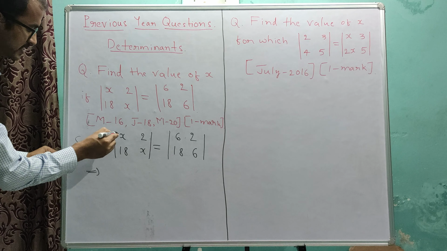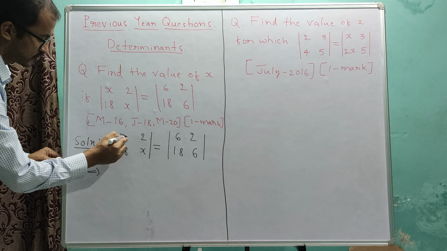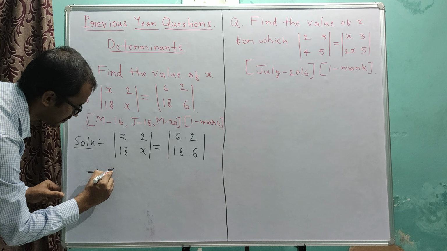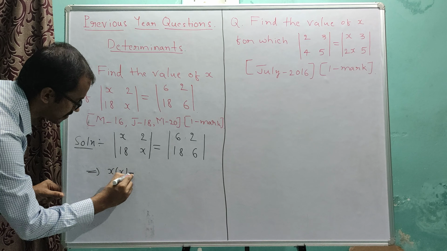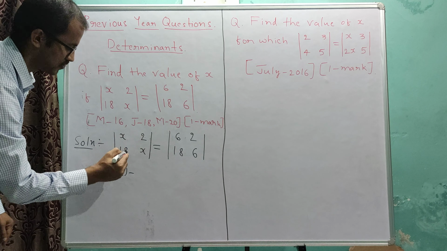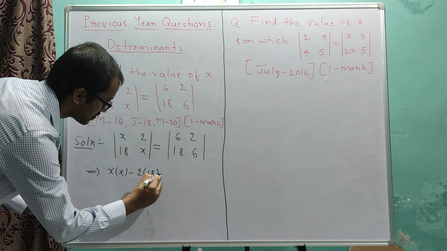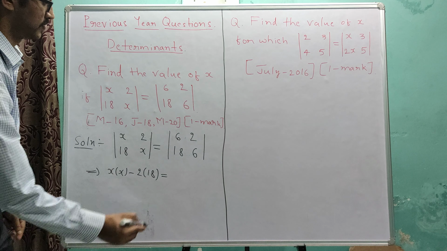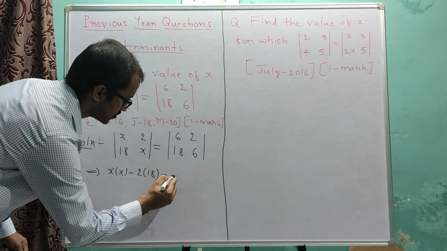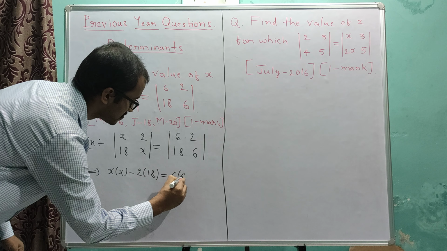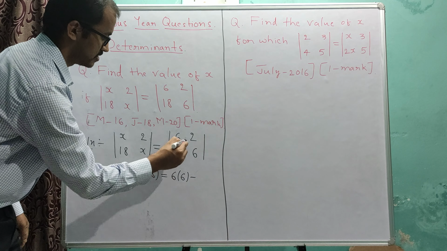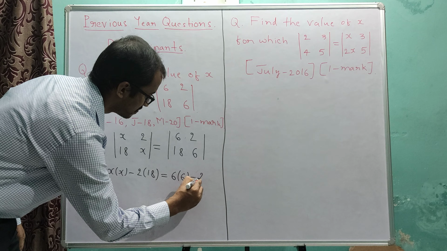On expanding, x into x minus 2 into 18 is equal to 6 into 6 minus 2 into 18.